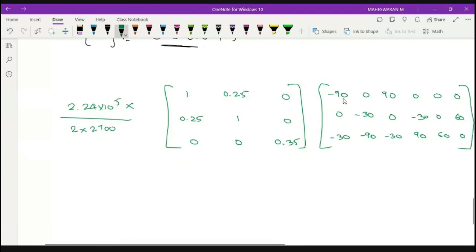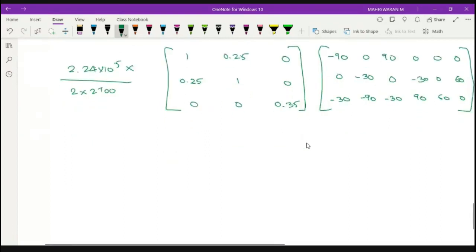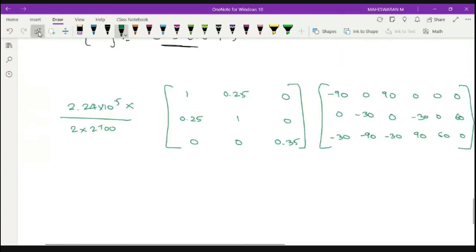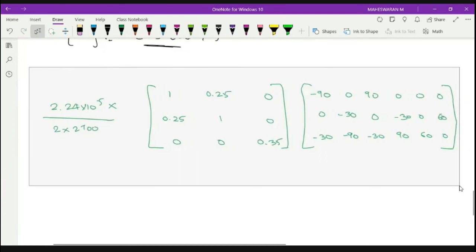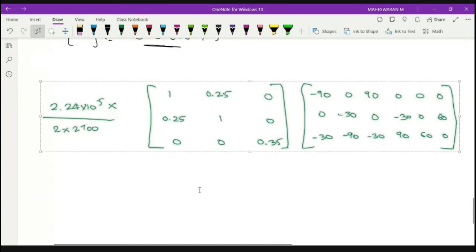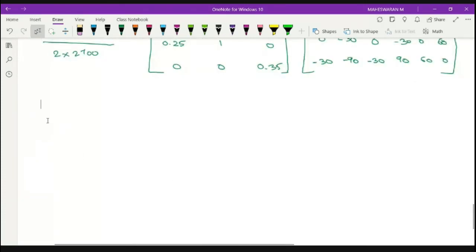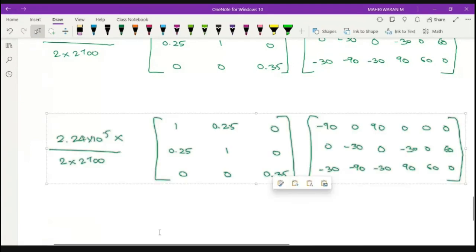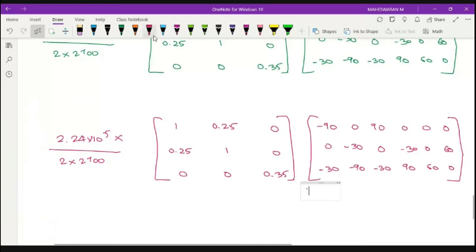What I can do is take the 30 out so that you can minimize your work a little bit. Let me consider the same matrix. The only thing is, I am going to take the 30 out. When I take 30 out, there will be a change in the matrix.